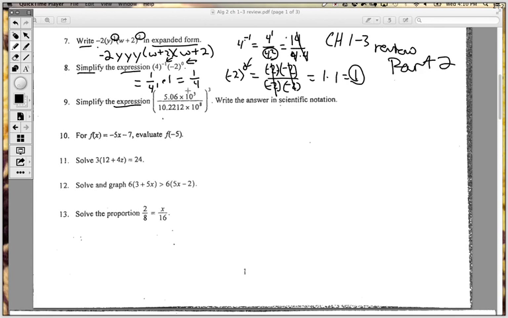First, I see that I have 5.06 cubed times 10 cubed over 10.2212 cubed times 10 to the 8th, all cubed.